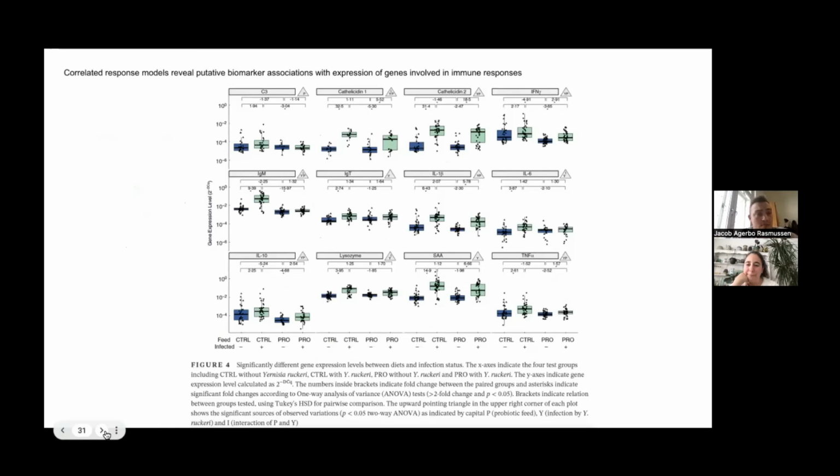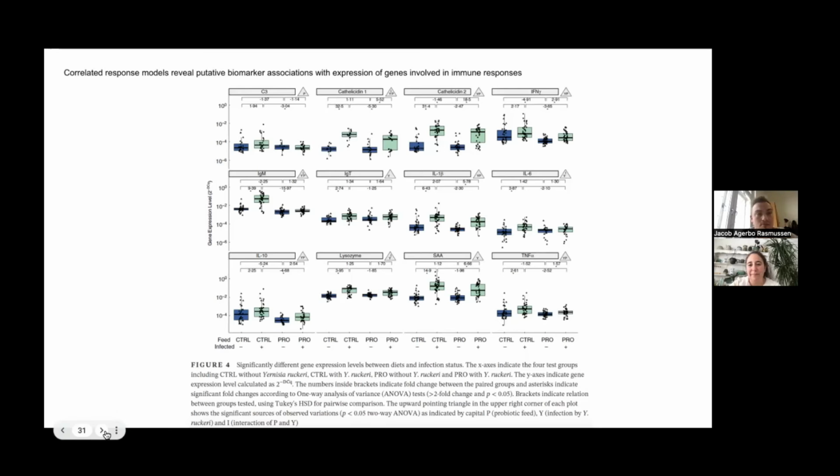So in this case, we looked into different immune-related genes and how they were affected. And in general, we saw an overall trend, not all of them significant, that there was a lower expression post-infection in individuals fed with probiotic.